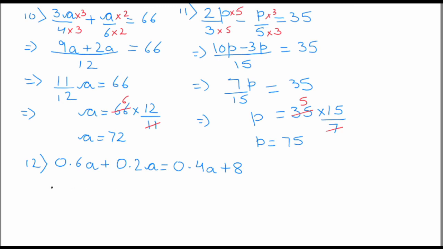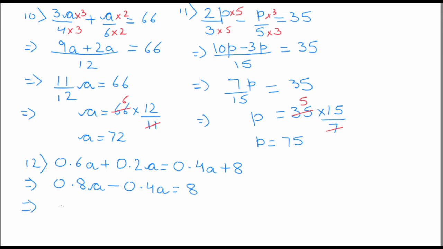Now add these both, it will become 0.8a, and I'm taking this 0.4a to the LHS side. This is added over here, now here it will be subtracted. 0.4a equals 8.